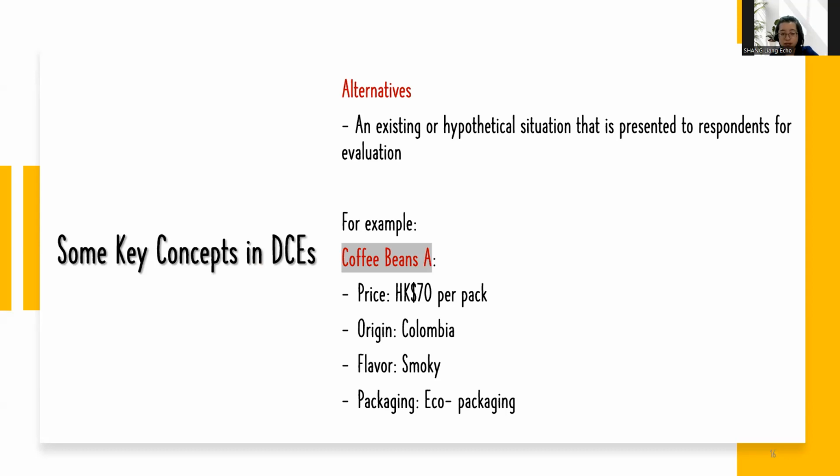The price can be 70 Hong Kong dollars per pack. The origin: this coffee bean comes from Colombia. The flavor is smoky. Packaging is eco packaging. When we combine these attributes and attribute levels together, it helps us to describe this option, coffee beans A. And this option is what we call an alternative in a discrete choice experiment.